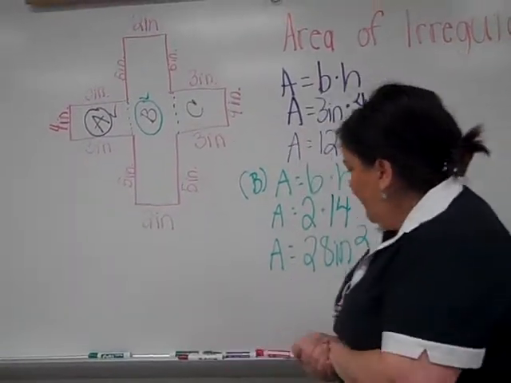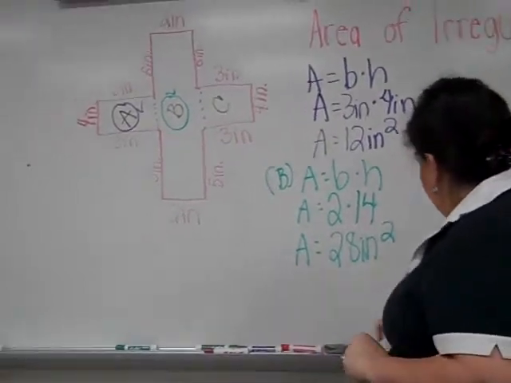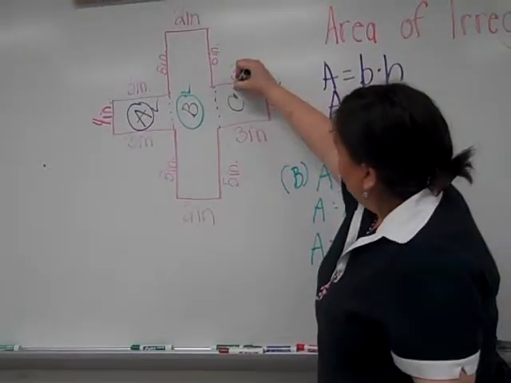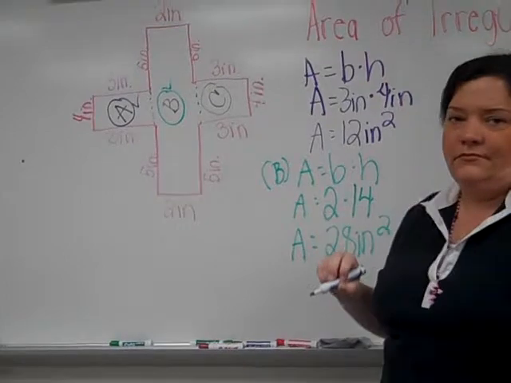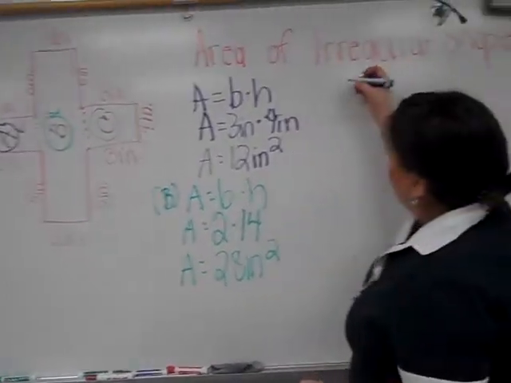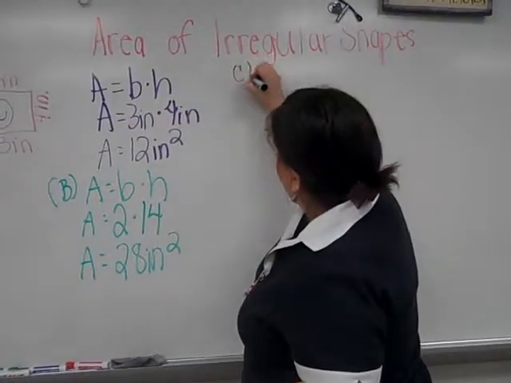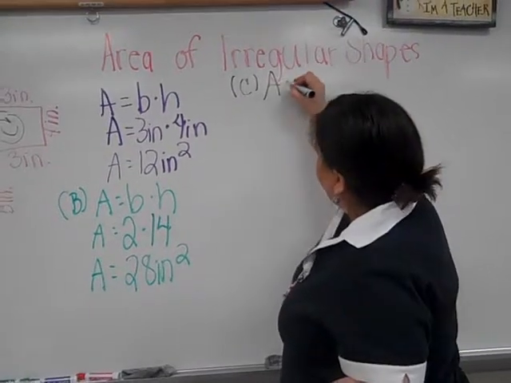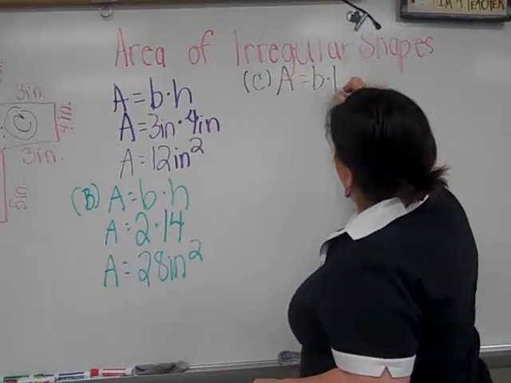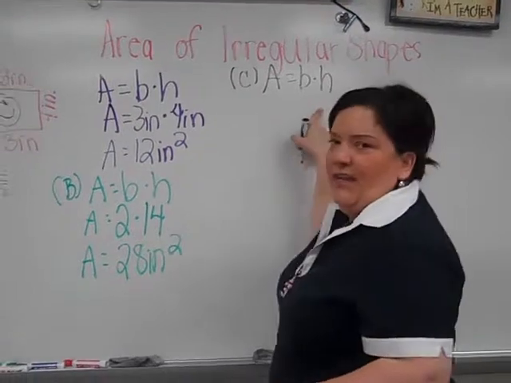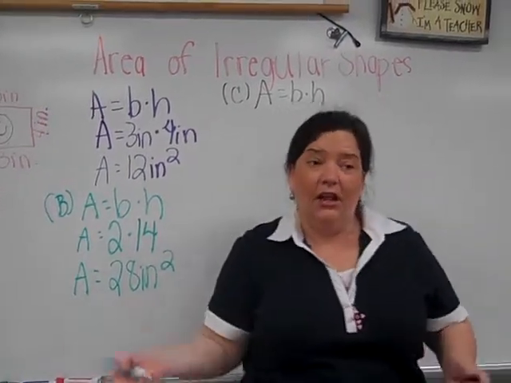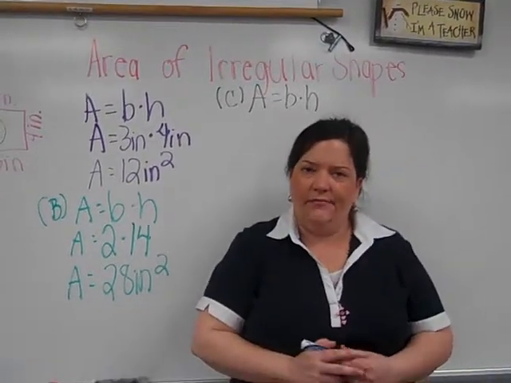The final shape we have to work on is shape C. Once again, I'm writing the same formula because all of our shapes are rectangles.